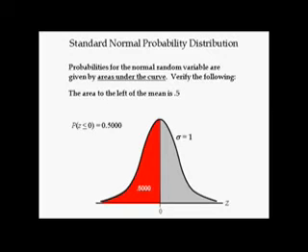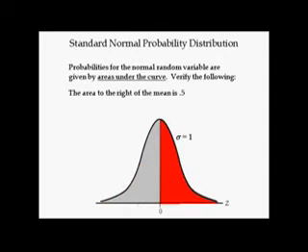The red area takes up half the distribution because the probability that z is less than or equal to 0 equals 0.5. Now verify the following: the area to the right of the mean is 0.5. We know that the probability that z is less than 0 is equal to 0.500.